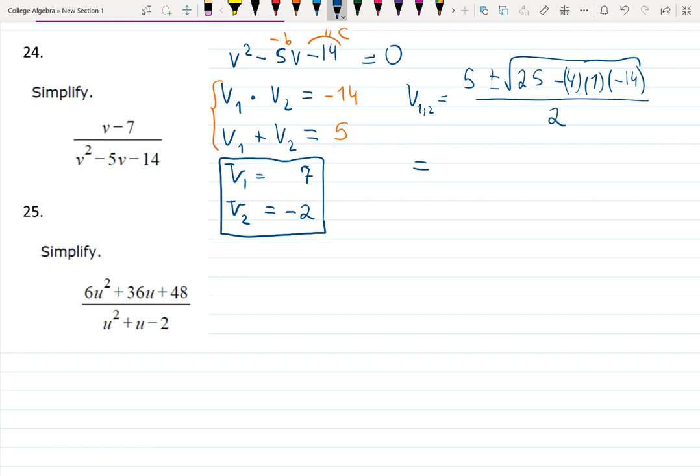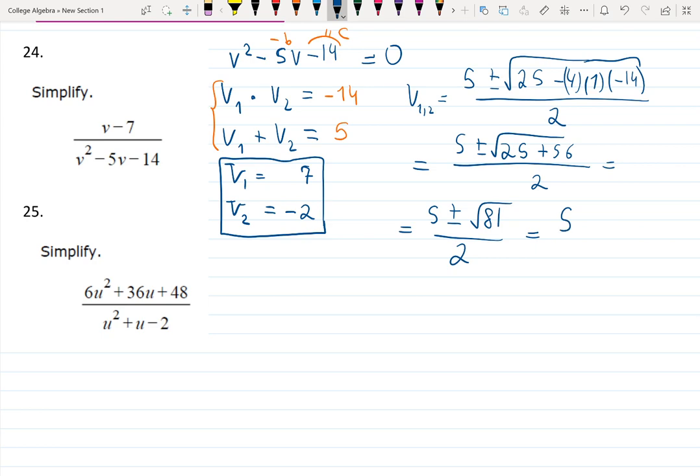And now you calculate using the quadratic formula, and I always say, if you freak out during the exam and the timer is clicking, don't be afraid to just use whatever you know. So I'm going to have here 5 plus or minus the square root of 25, minus times minus gives me plus 56, over 2. And then 56 plus 25 is 81. 5 plus or minus the square root of 81 over 2.